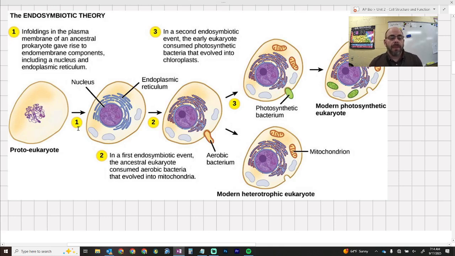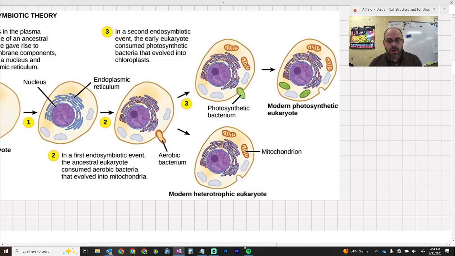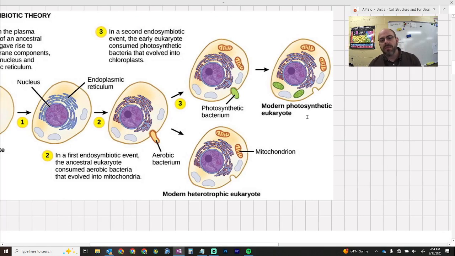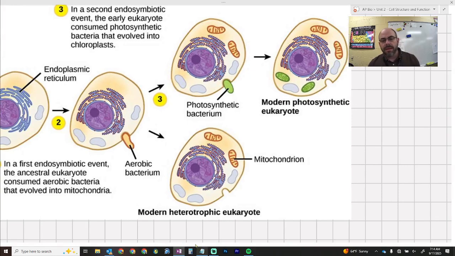It's going to engulf some other cell, meaning that it takes it in by endocytosis. Rather than digesting this aerobic bacteria, they live together.